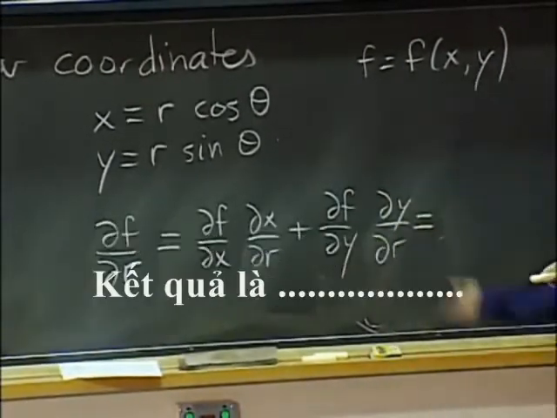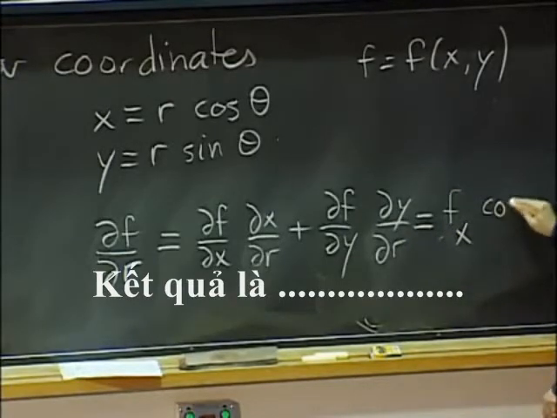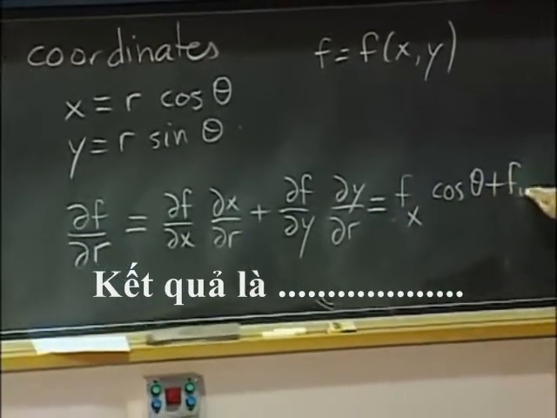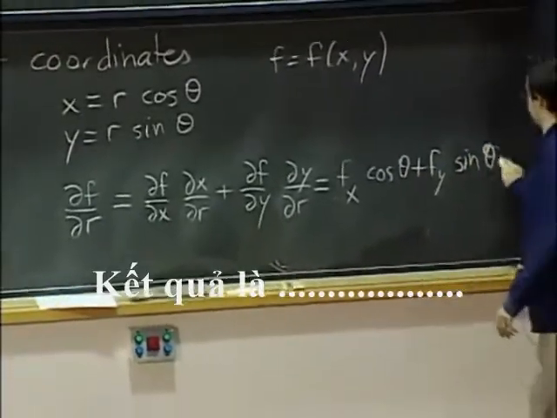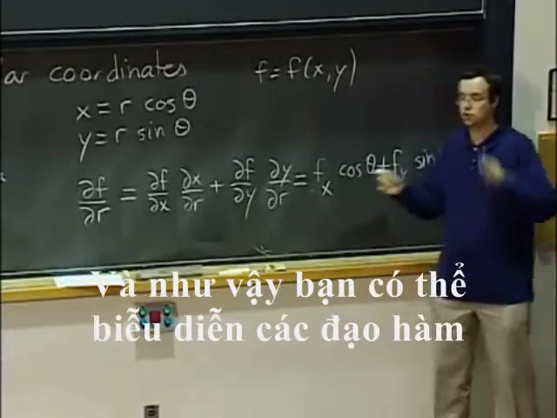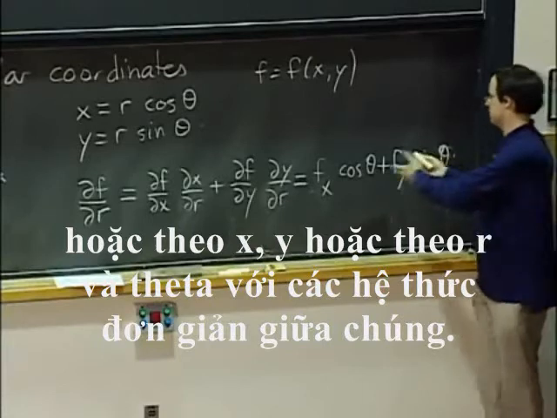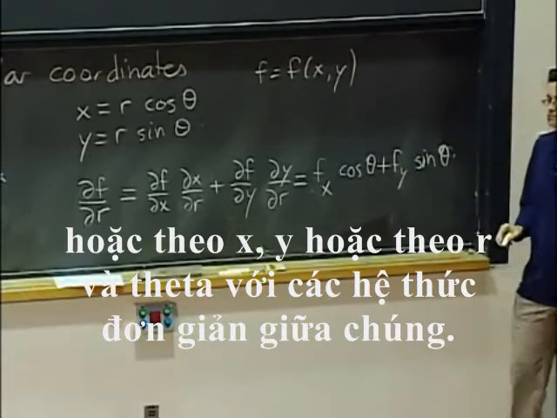And so that will end up being f sub x times cosine theta plus f sub y times sine theta. And you can do the same thing to find partial f, partial theta. And so you can express derivatives either in terms of x, y, or in terms of r and theta with simple relations between them.